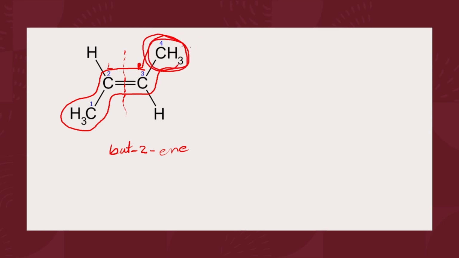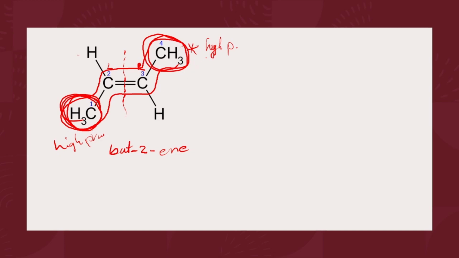Put a sign, whatever you like, or write high priority, because this is higher in molecular weight than the hydrogen. Let's go to the left carbon: which has the higher molecular weight, the hydrogen or the methyl? Of course, the methyl, so this is the high priority group.